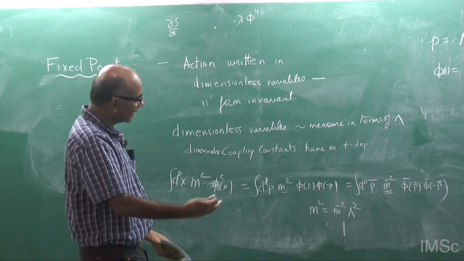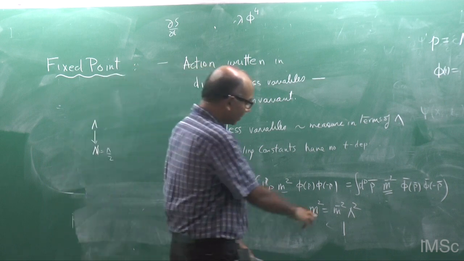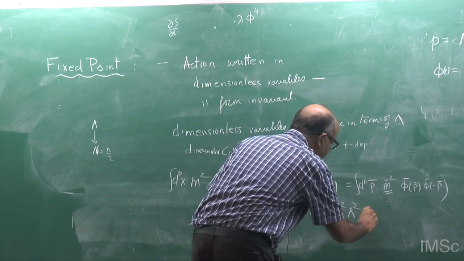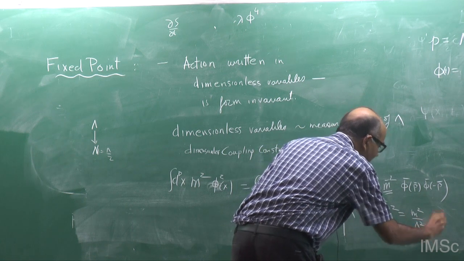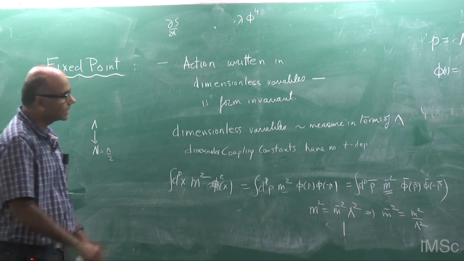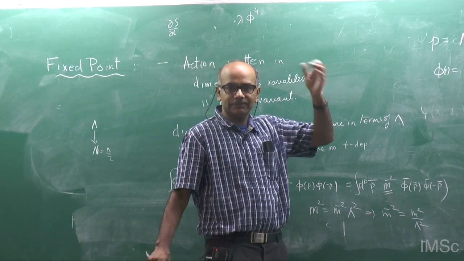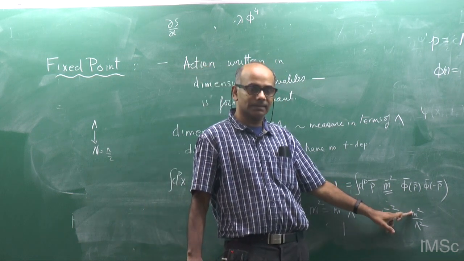Of course, now ordinarily m squared is a fixed number. So what this equation says is m bar squared is m squared by lambda squared. So what it's saying is, if there are no interactions and you just scale, you start with a given mass.